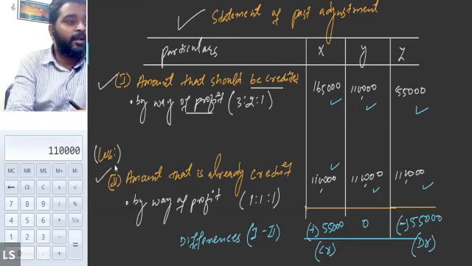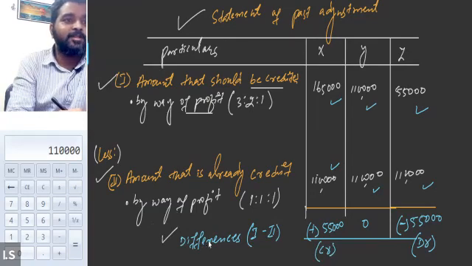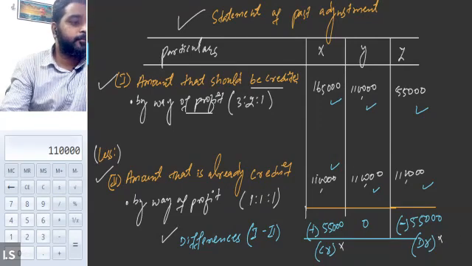And the amount that actually got credited in the accounts mistakenly, considering the profit sharing ratio as equal, was 1,10,000 each. After writing these values, we find the differences arising in the partners' capital accounts. The partner with a positive balance will be credited, and the partner with a negative balance will be debited. That is it. I hope this is clear.